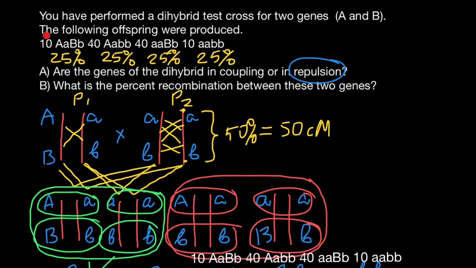It is easy to say that the number of these recombinants plus the number of these recombinants, which is 10, together is going to be 20. So 10 plus 10 of each recombinant kind would give us 20%, which also equals 20 centimorgans.